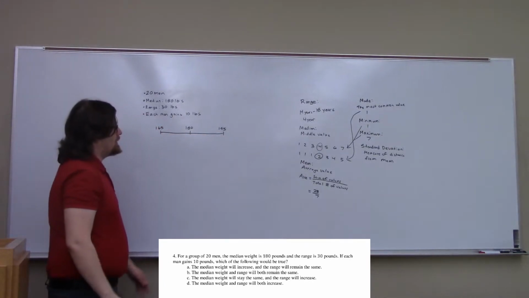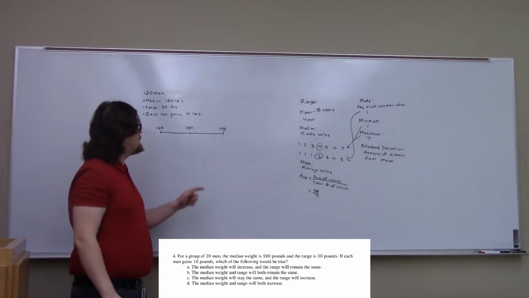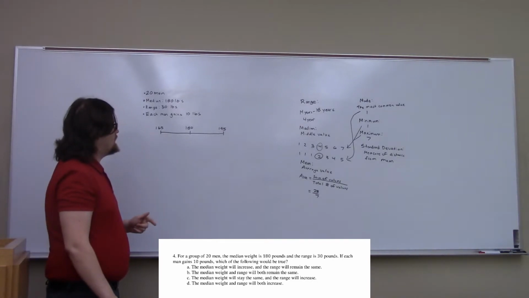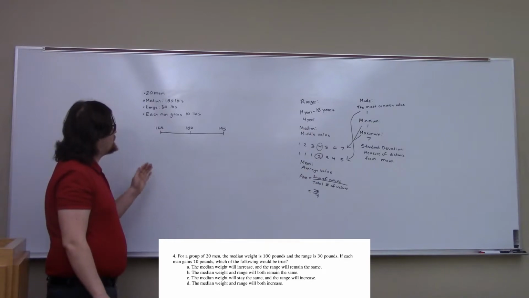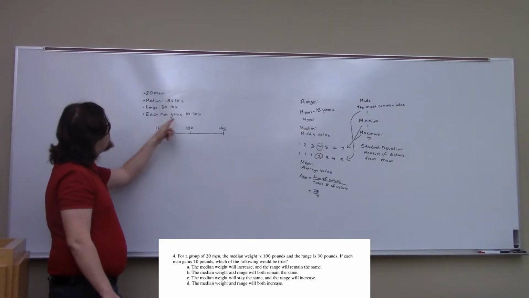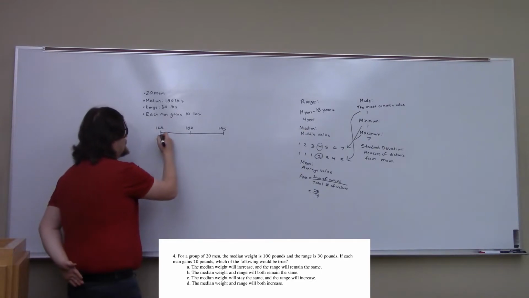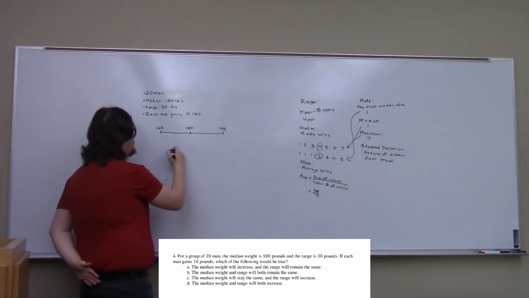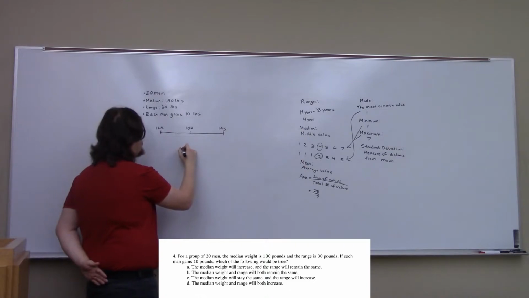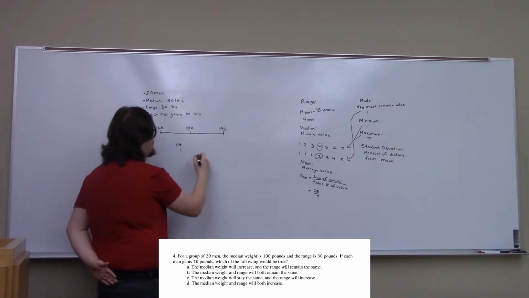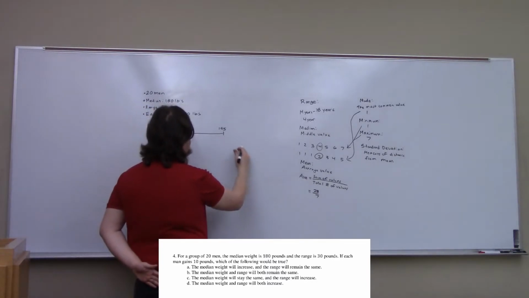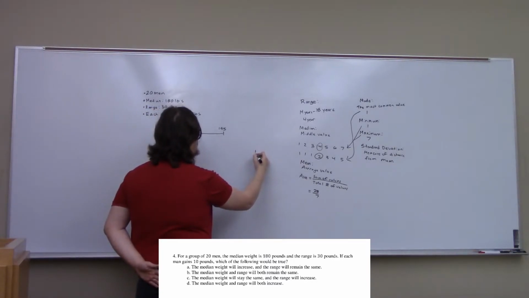Now I'll note that the median here, as the center value, if we shift everything here by 10 pounds, so each man gains 10 pounds, we move 165 over to 175. We'll say it right about here. We move 195 over to 205, right about here.